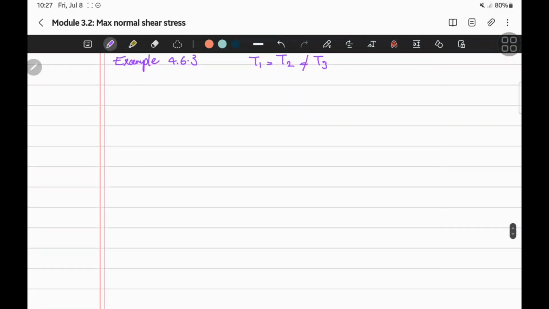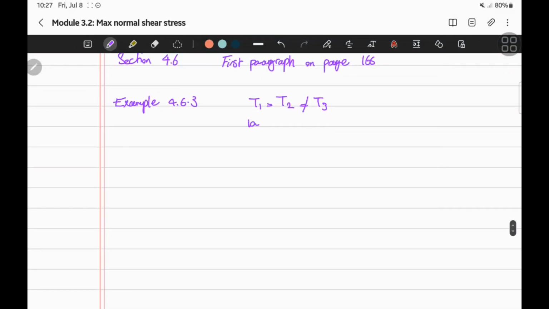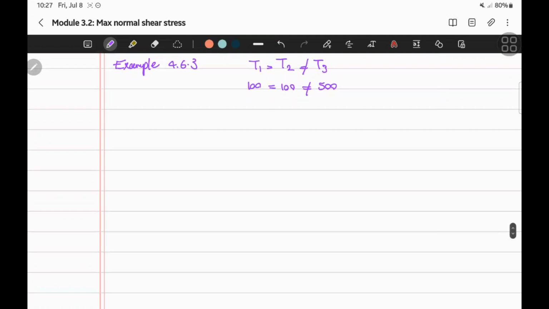So we have here 100 equal to 100, not equal to 500. So basically, here we can form three planes. One is with E1, if this is E1 and this is E2, and this is, for example, E3, whatever.